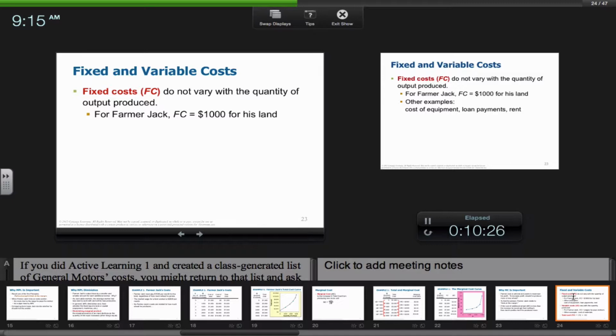Cost of housing. Your rent, your mortgage, whatever it is, is a fixed cost. If you have bought a car and are paying on it, or have lease payments on a car, that's a fixed cost.